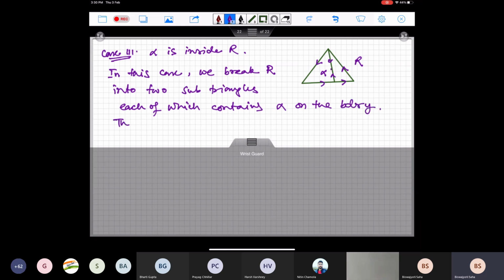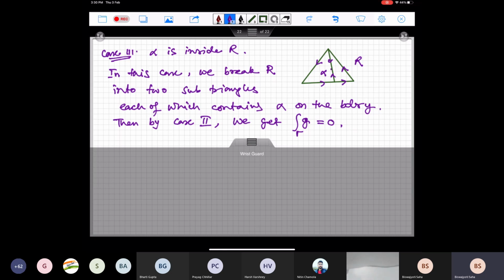Then by case 2, we get the integral of g over gamma is equal to 0, because I can just break it into two pieces. So is it clear to all of you?